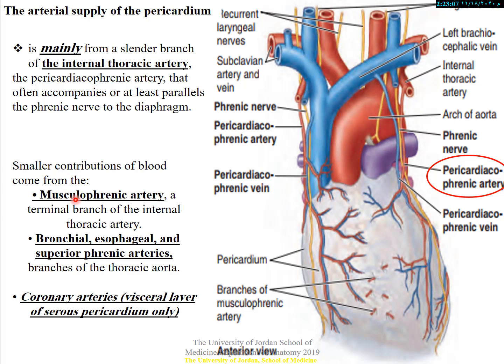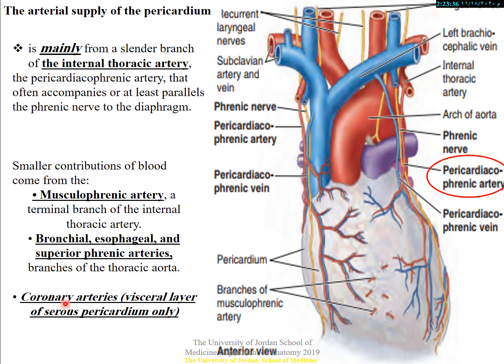A smaller contribution of blood comes from the musculophrenic, which is the terminal branch of the internal thoracic artery, and the bronchial, esophageal and superior phrenic arteries, and of course for the visceral part of the pericardium, the coronary arteries, and we will also talk about the epicardium and its blood supply.